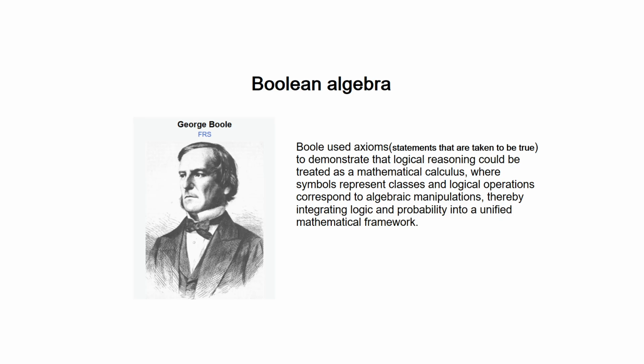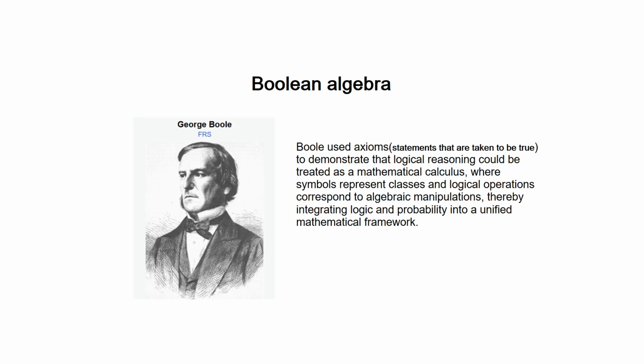So George Boole essentially was, I guess, a philosopher who was really intrigued about reasoning, or rather how we think, how we are able to communicate ideas and shape narratives.